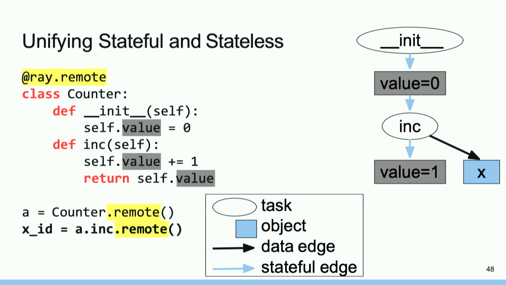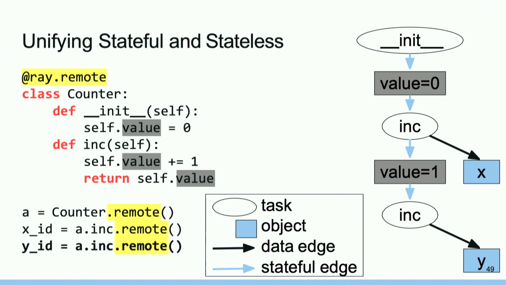It will also produce an output. In this case, it just returns the value. And this will again be an object ID. Then you can call increment again, which will again advance the state and return a new object. So this introduction of these stateful edges, which pass along the state in the computation, allows us to unify stateful and stateless computation.